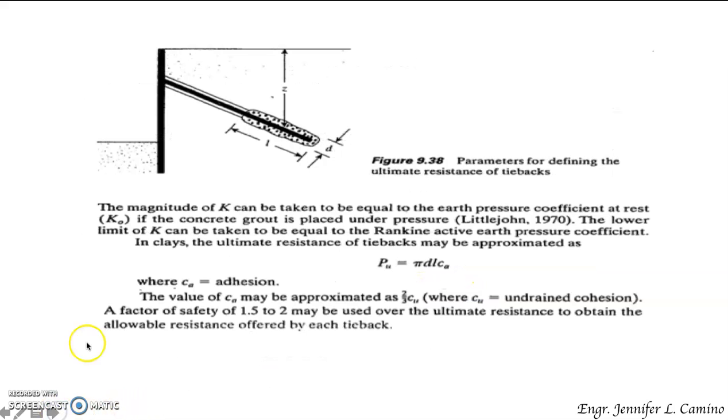And of course, this is our L, this is our D, and the distance from the top towards this one is our Z. If the tie back is in clay, the ultimate resistance is given by this expression. Of course, our C sub A is equal to adhesion.